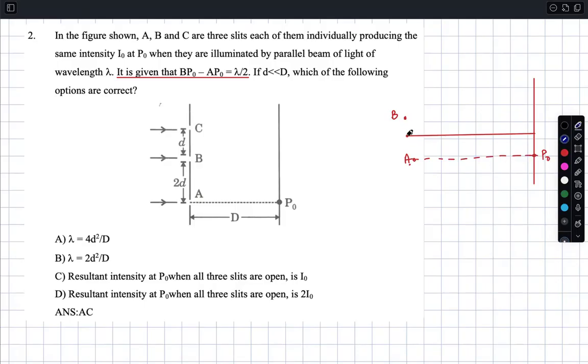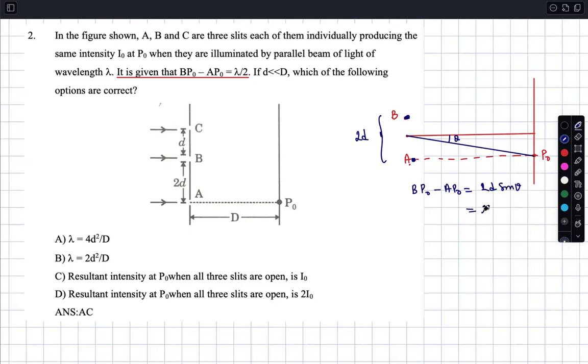See, as per my understanding, this is theta. If we assume these are double slit situations, here BP naught minus AP naught, usually you will say it is 2D actually. You will write this as 2D sine theta.